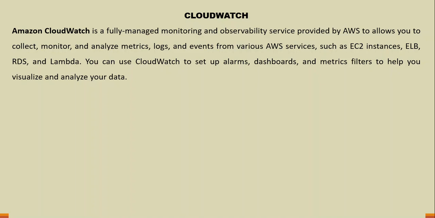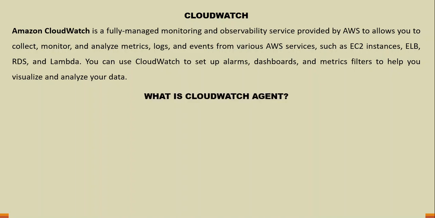You can as well use CloudWatch to set up alarms, dashboards, and metric filters, which can help you visualize and analyze your data. Okay, so that was just to introduce and explain what CloudWatch means before we go to the CloudWatch agent.